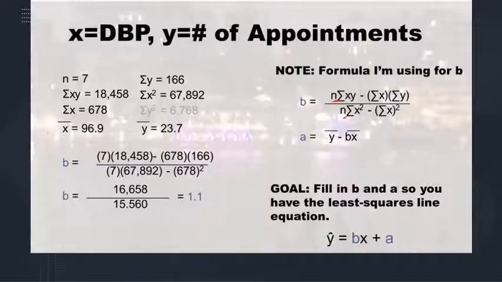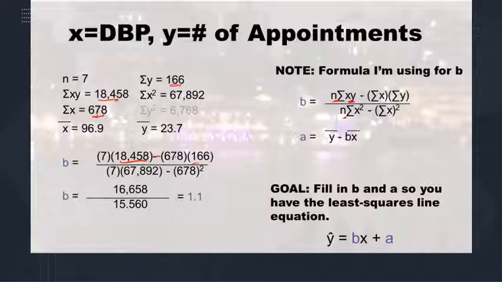Our n is 7. Next, we have the sum of our xy's, and we put that right there. Minus, then next on the top, we have the sum of our x's in parentheses, multiplied by the sum of our y's, which is right here. We put that on the numerator. There we go. The numerator is set to go.